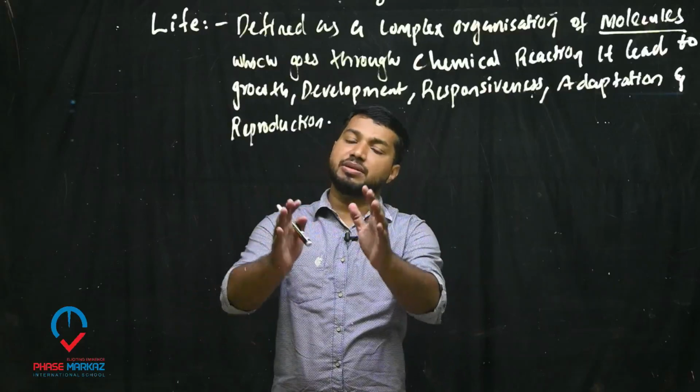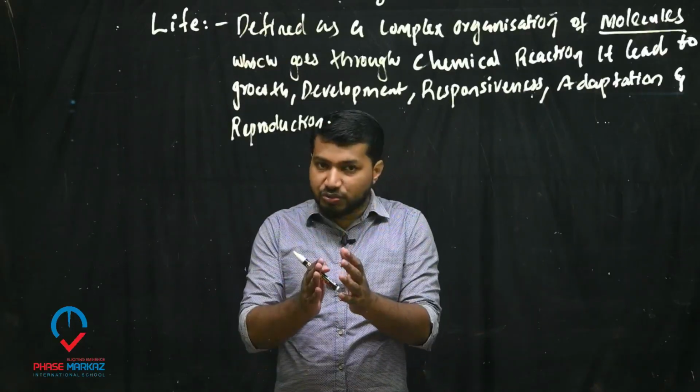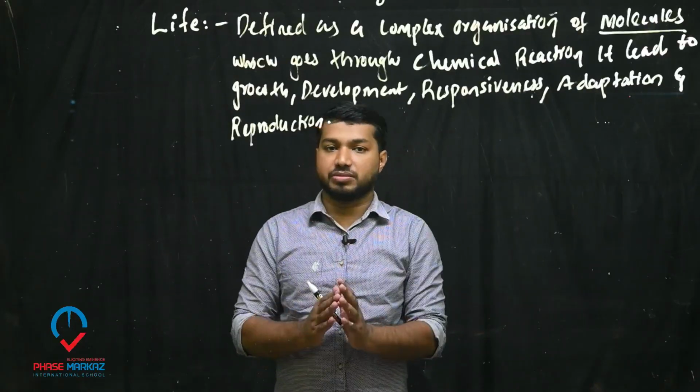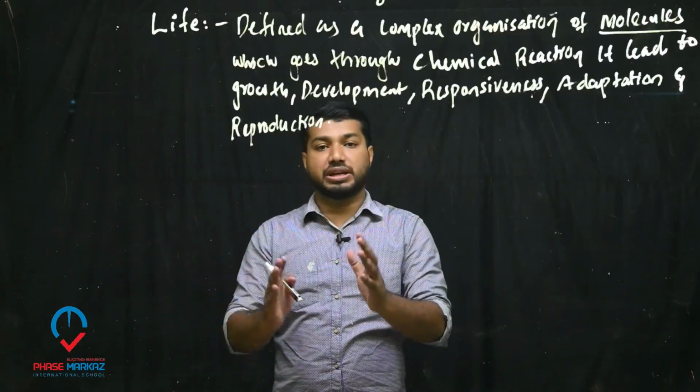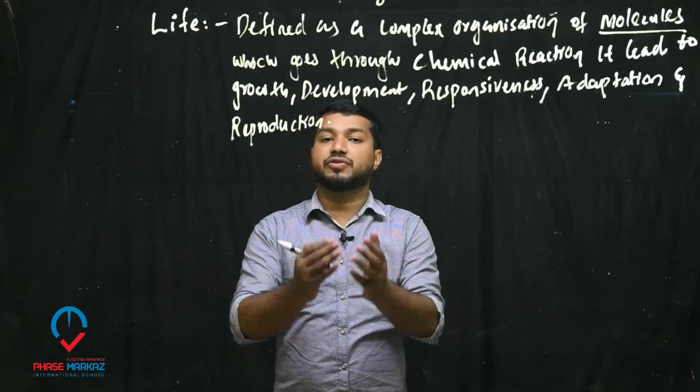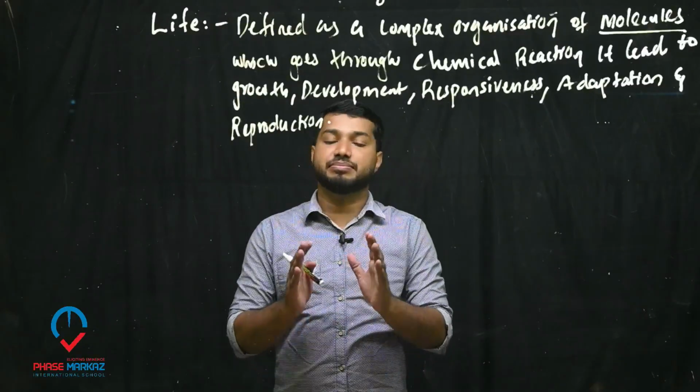Non-living things also contain many chemicals. So what is the difference between living and non-living? Both contain a complex organization of molecules. Then what is the difference? The difference is very simple.